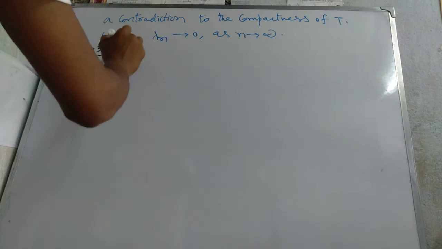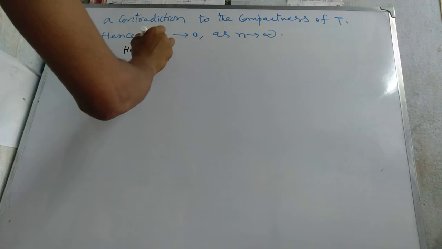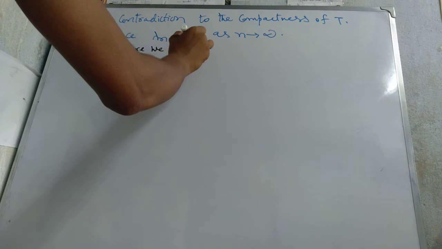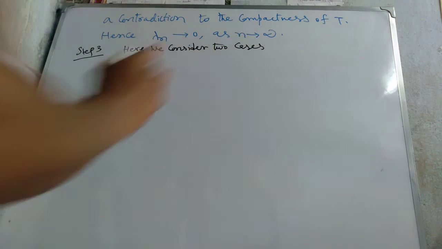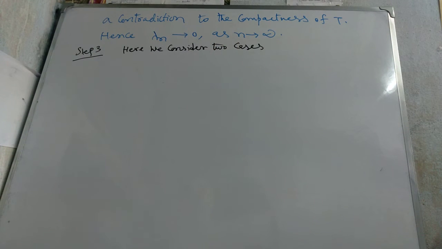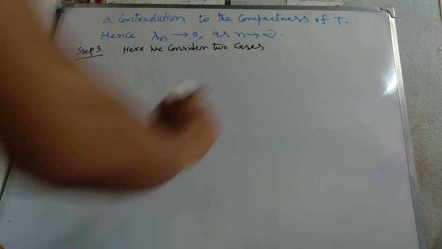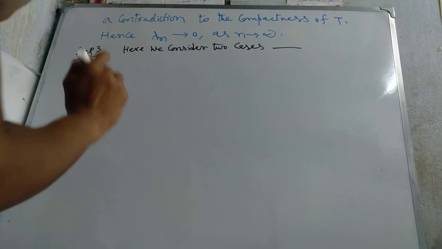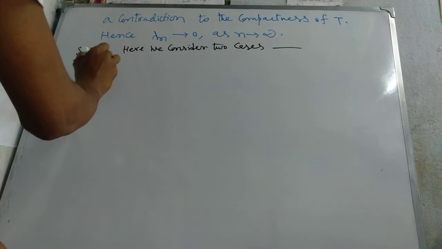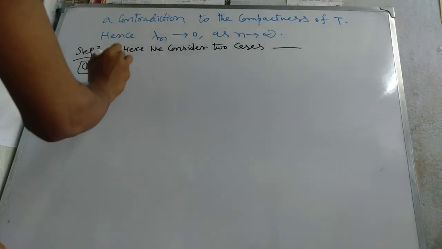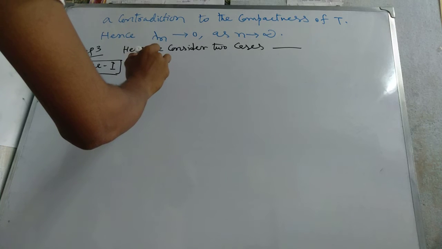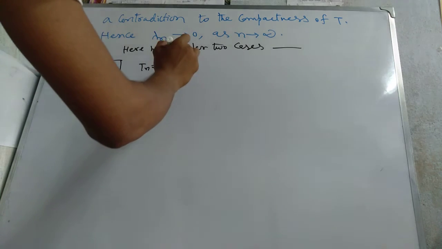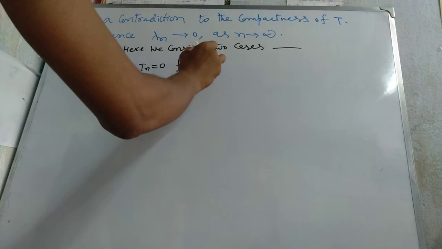Here we consider two cases. Case 1: Tn equal to 0 for some n.